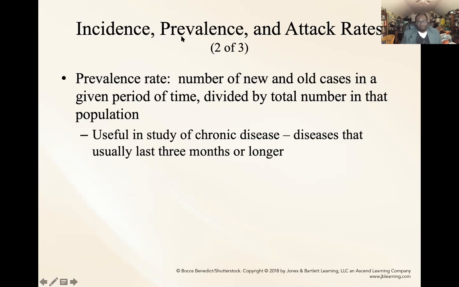Prevalence rate is the number of new and old cases in a given period of time divided by the total number of the population.